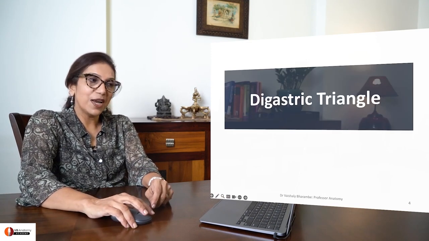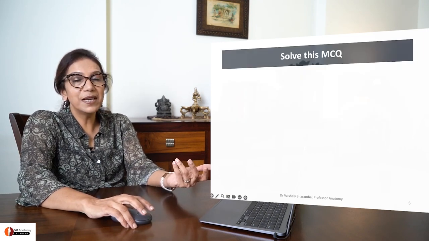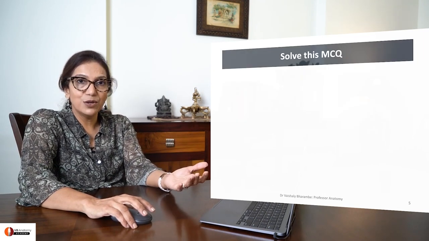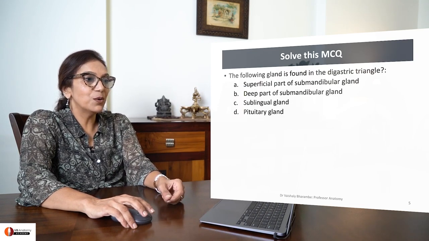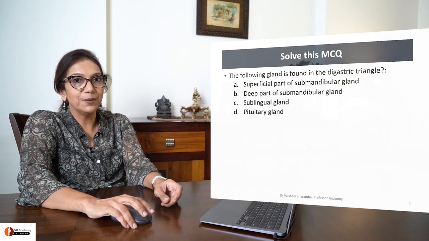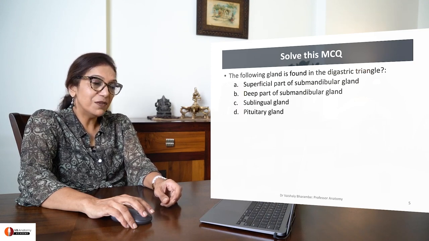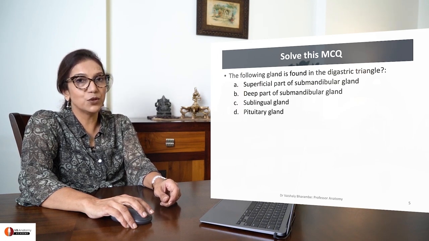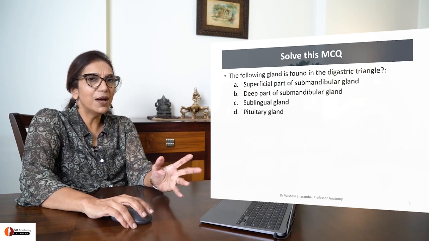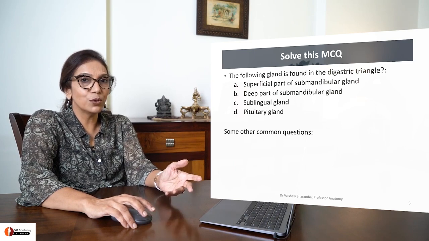So digastric triangle, students. As usual, we begin trying to understand where we are. So let's solve this MCQ. Following gland is found in the digastric triangle. Superficial part of submandibular, deep part of submandibular, sublingual, pituitary. Some of you have an idea, some of you probably are not so sure.